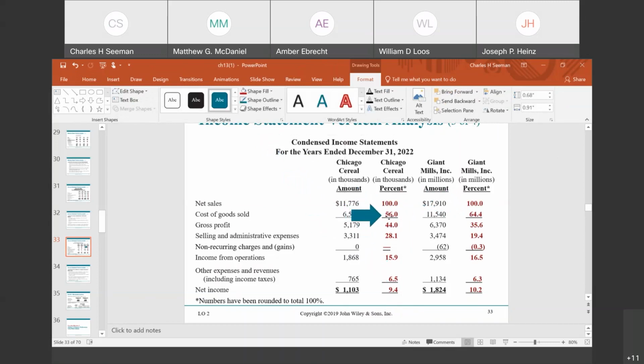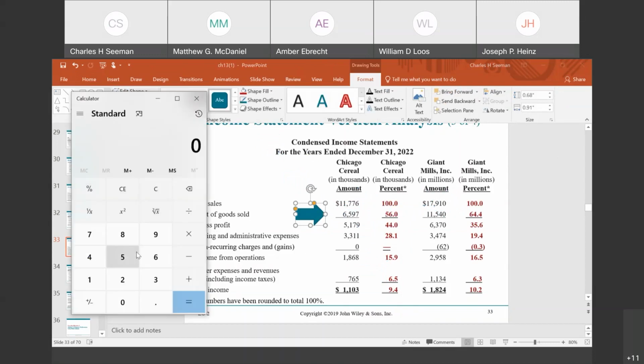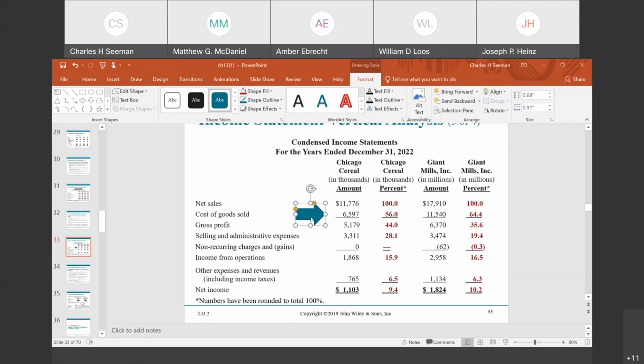Now, this 56% simply comes from dividing 6,597 by the 11,776. So what you're doing is you're taking Chicago Cereal's cost of goods sold and dividing by its sales to get a percentage of cost of goods sold.